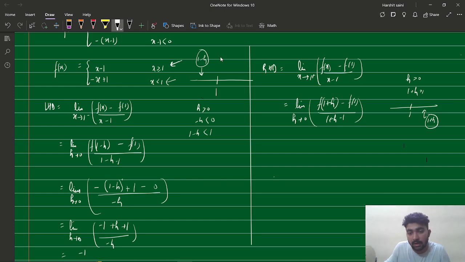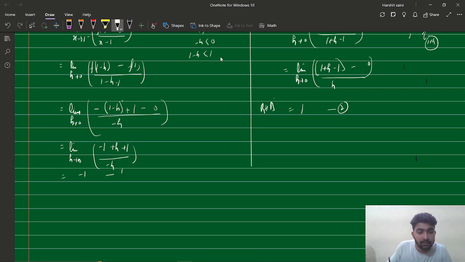The value of 1 plus h minus 1 will be here, minus f of 1 whose value is 0, and 1 plus h minus 1 gives only h, and again we get 1. Okay, this is your second equation, and this is your first equation.